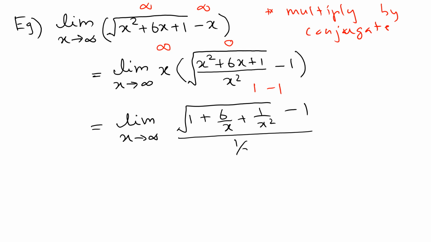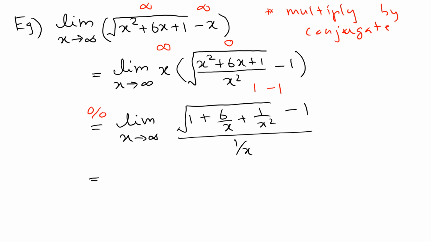So that's what you get. And once we do that, this is going to be a 0 over 0 problem. Since it's a 0 over 0 problem, we can take the derivative now. So let's start with the derivative.